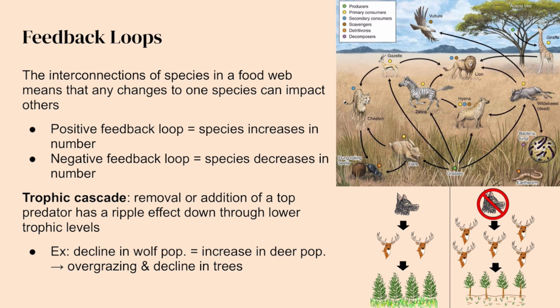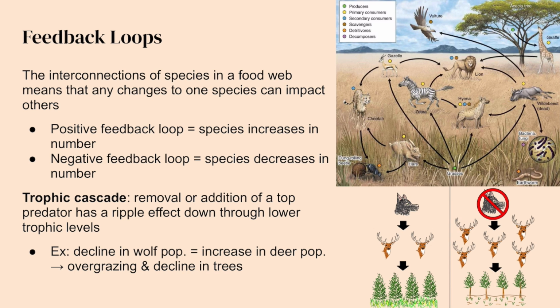So then the last thing to talk about today is what are called feedback loops. Basically, we have many species that are interconnected in a food web, and that means that if one species experiences some change, whether that's a population increase or a population decrease, that can impact other organisms.